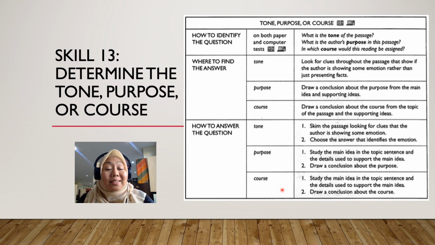And for the course, you still have to study the main idea in the topic sentence and the details also. All right, that is my explanation on TOEFL skills for the reading comprehension section, especially for skills 8 to 13.